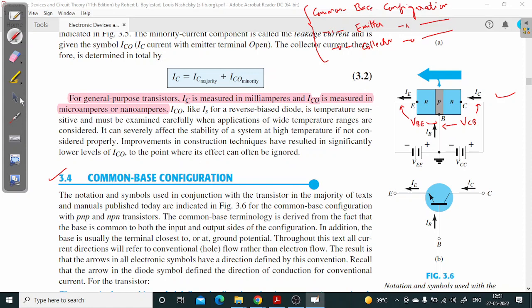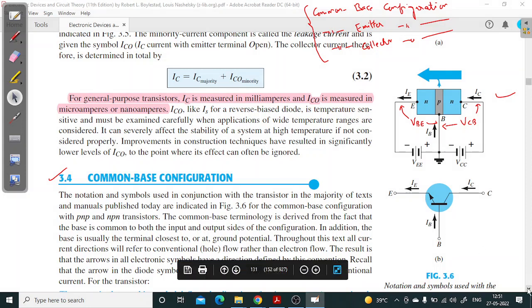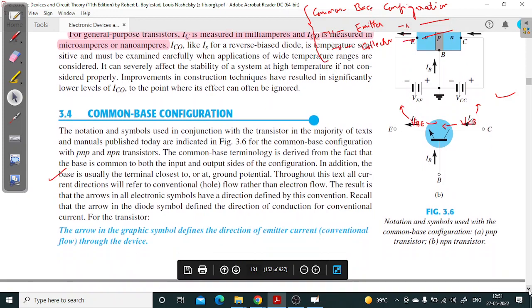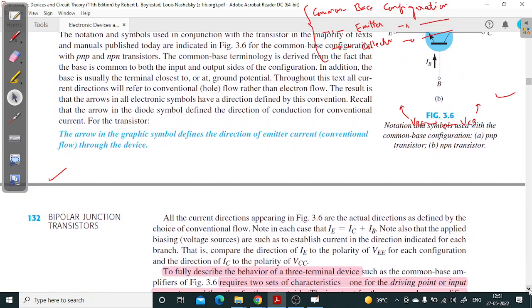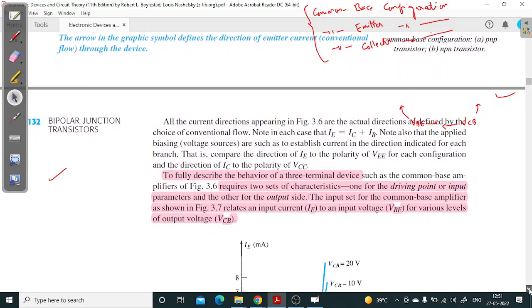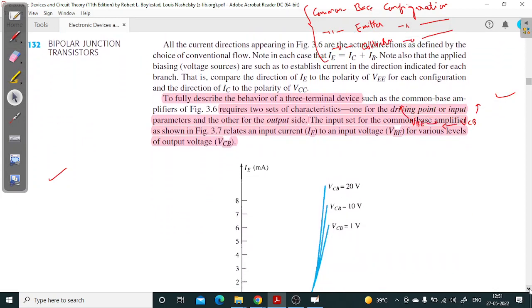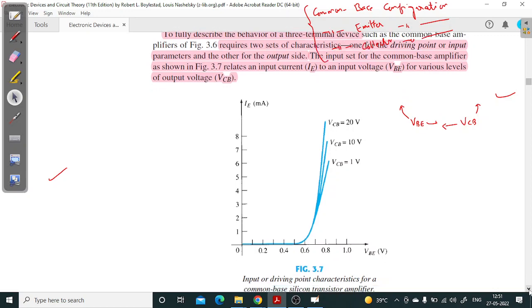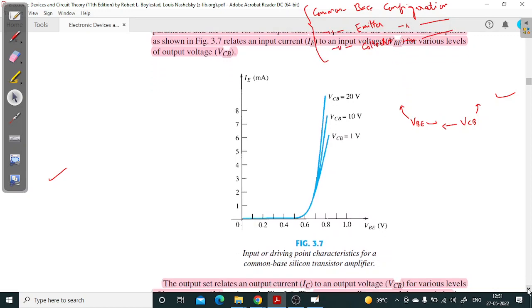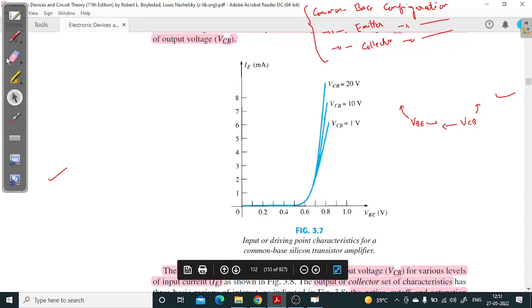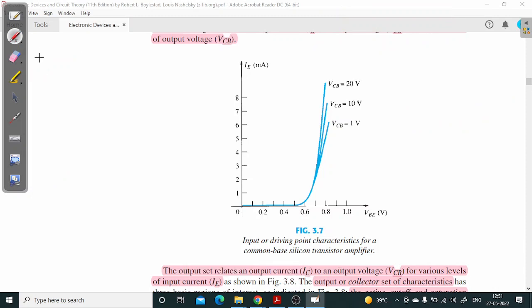And for those purposes, there are two sets of characteristics which are used to describe the behavior of BJT, and which are sufficient for describing it, and those are input characteristics and output characteristics.